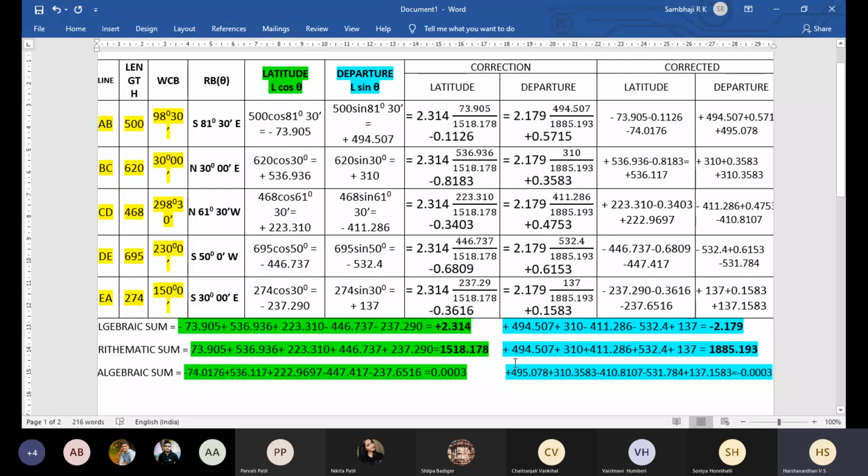Next week onwards, I'll start the concept of leveling, that is module number 3. So till now we have completed 3 modules.